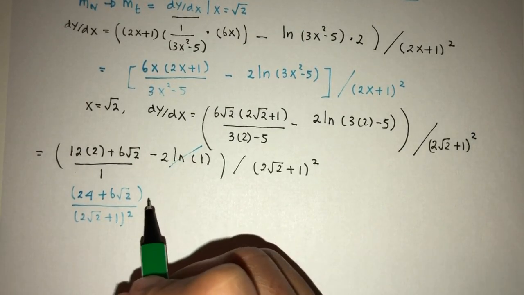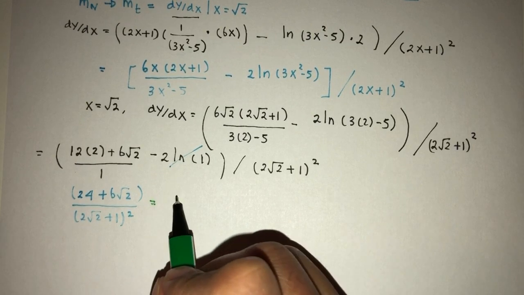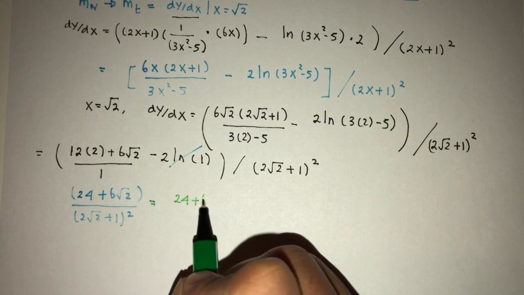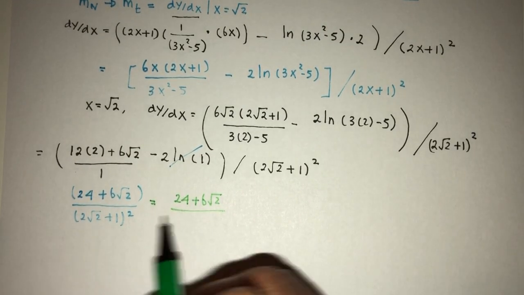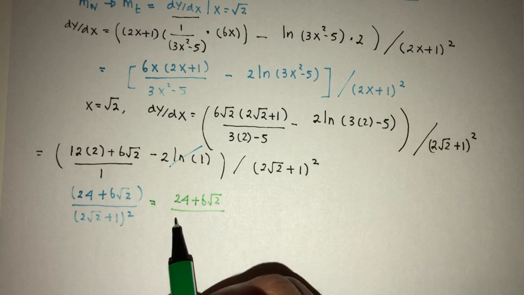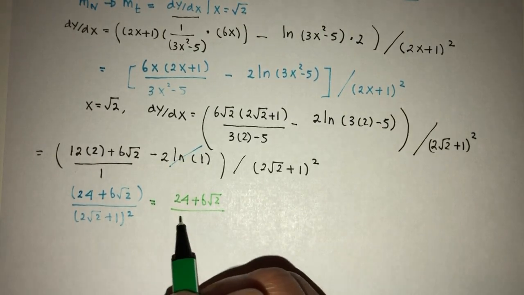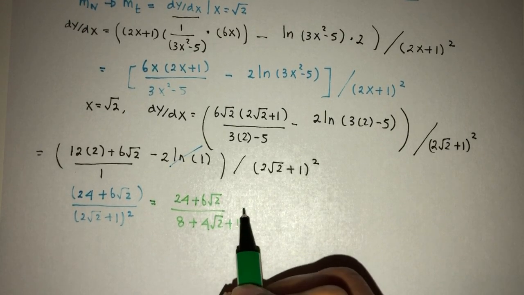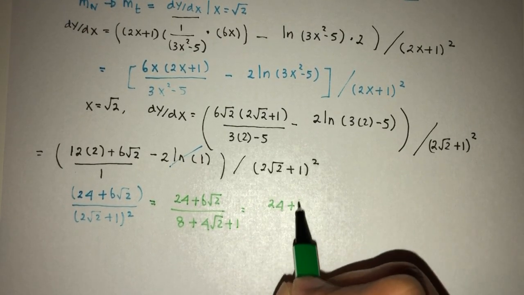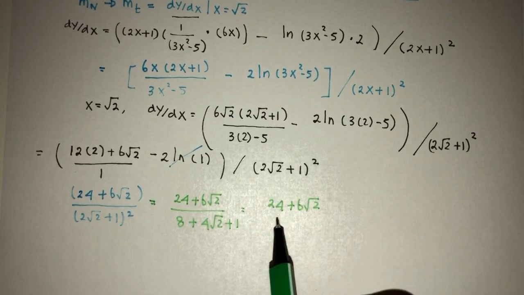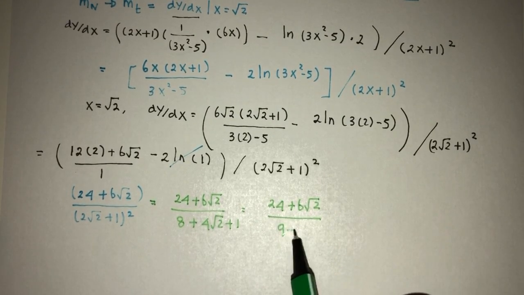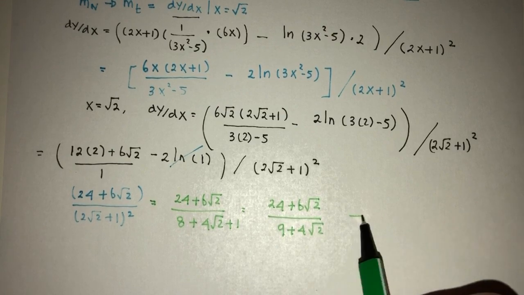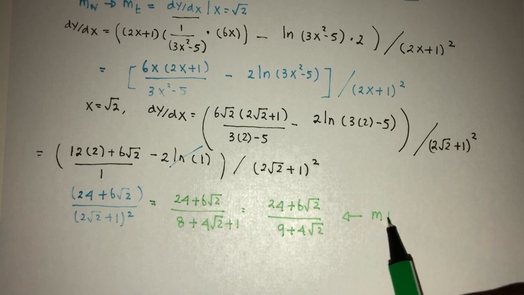So let's check. 24 plus 6 root 2 over, that will become 4 times 2 will be 8 plus 4 root 2 plus 1. That will be 24 plus 6 root 2 over 9 plus 4 root 2. And that is your value of the gradient of the tangent.